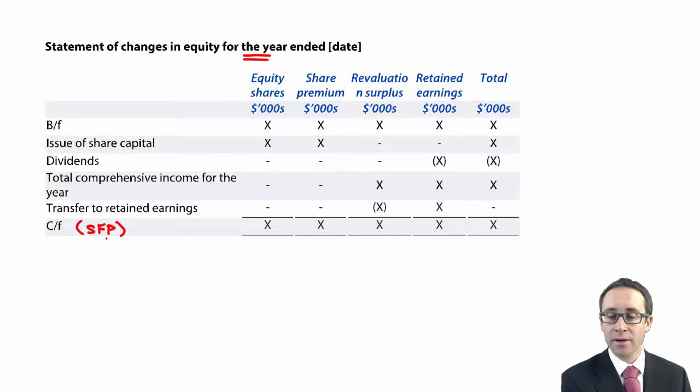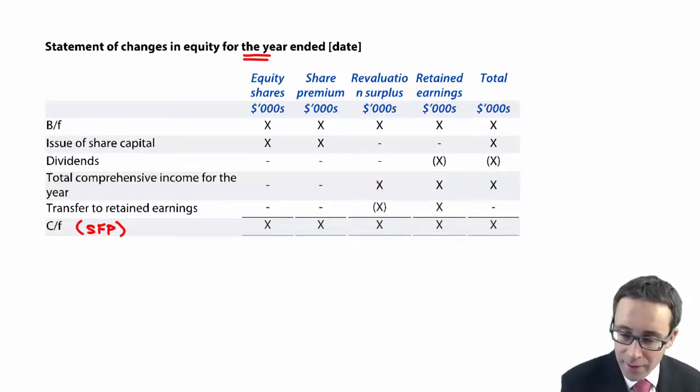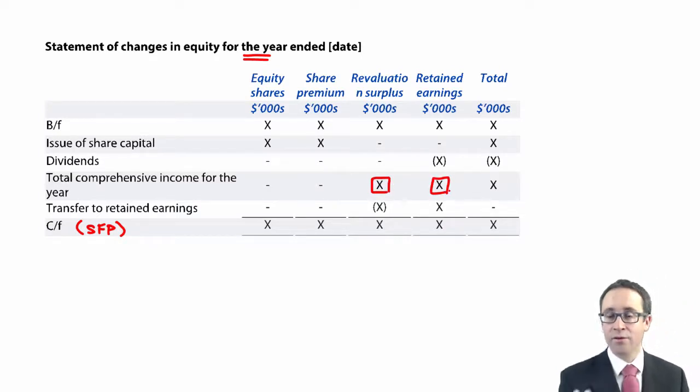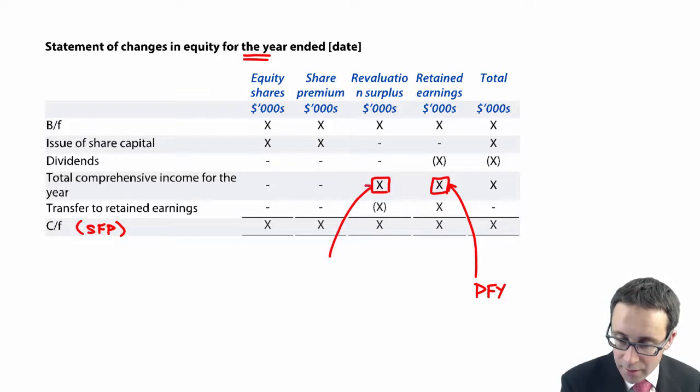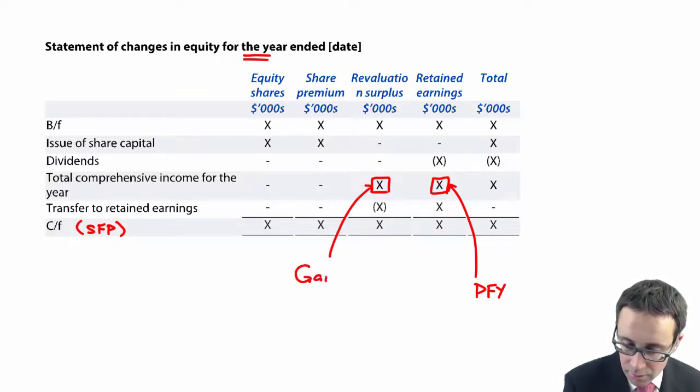The total comprehensive income for the year you can see there is split between the amount on your revaluation and the amount for your retained earnings. So what goes into your retained earnings is your profit for the year. And your revaluation surplus is the gain on revaluation.